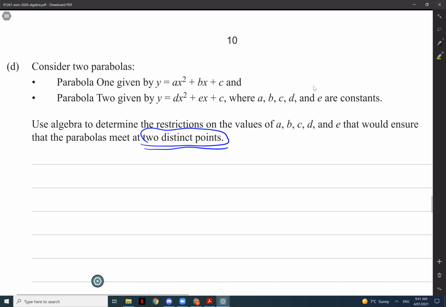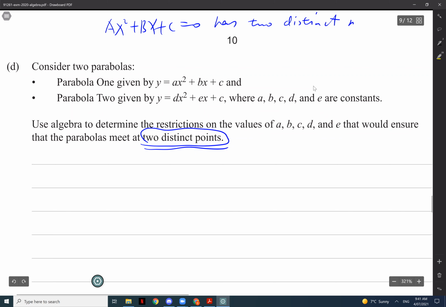For example, if I tell you ax squared plus bx plus c equals 0 has two distinct points, distinct roots, or distinct real roots. Delta is called the discriminant. B squared minus 4ac. Juliana.